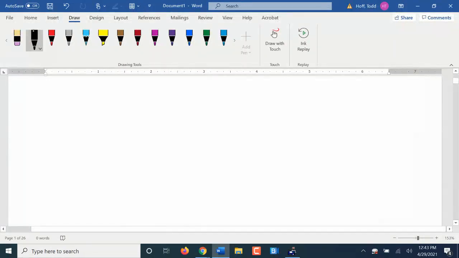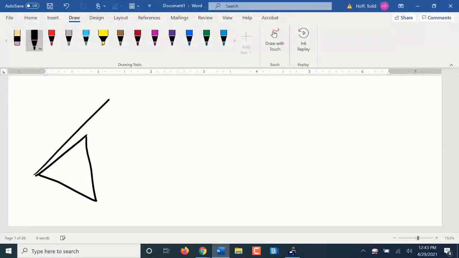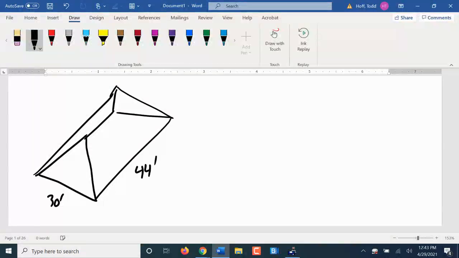Okay, so we're going to a hip roof. And this hip roof is going to have a 30-foot span here, a 44-foot run here. There will be a 4/12 slope on the main roof, 8/12 slope on the hip.